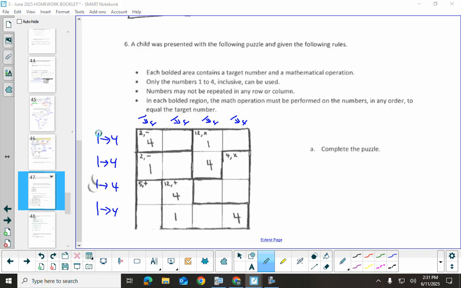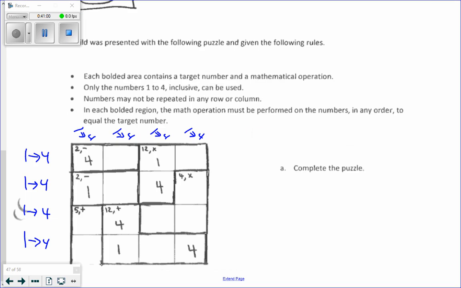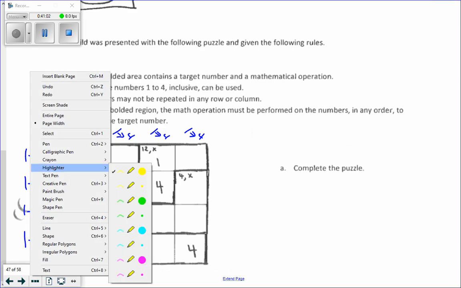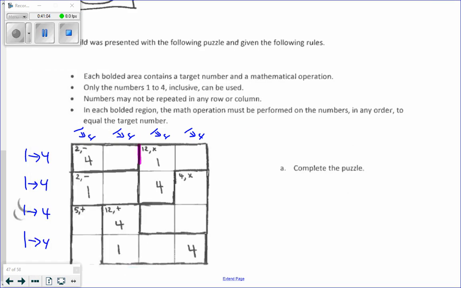Okay, let me hit pause on this. Okay, so let's focus on this little chunk right here. So if I can draw your attention to that one right there.